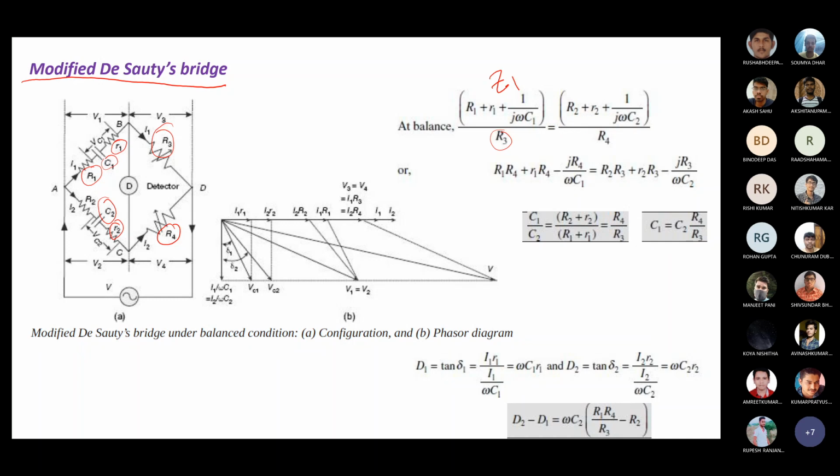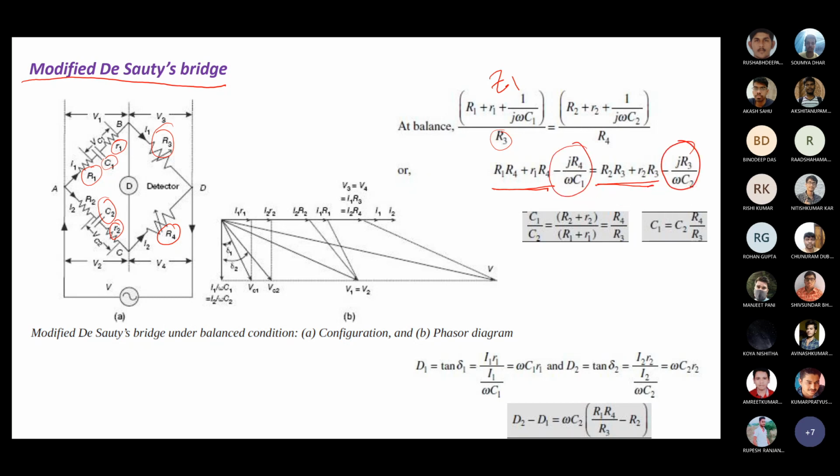Just like the previous equations, you do the cross multiplication, then compare the real component and the imaginary component.